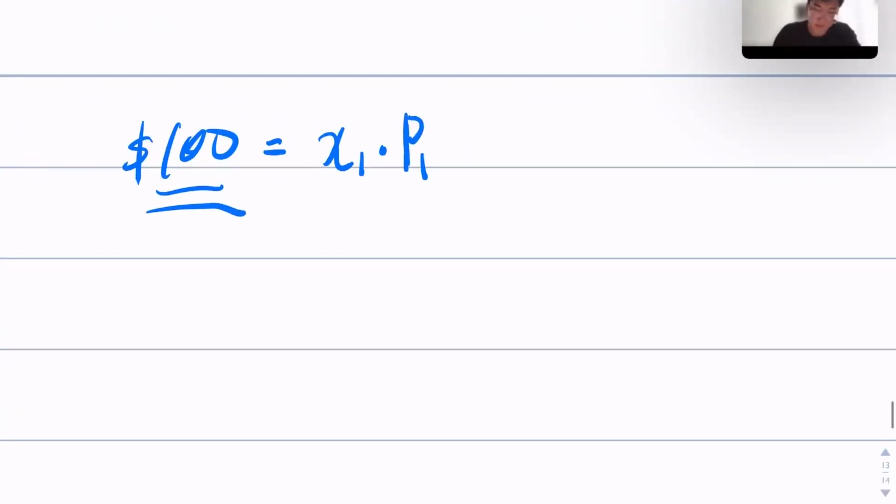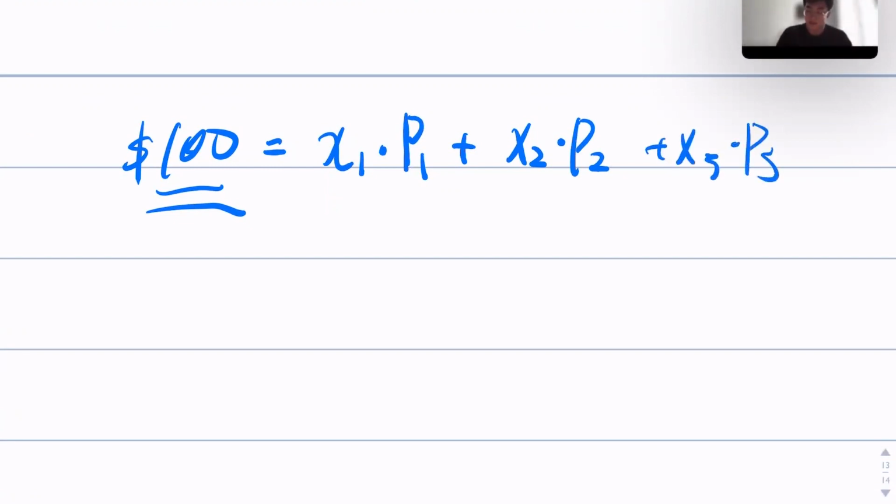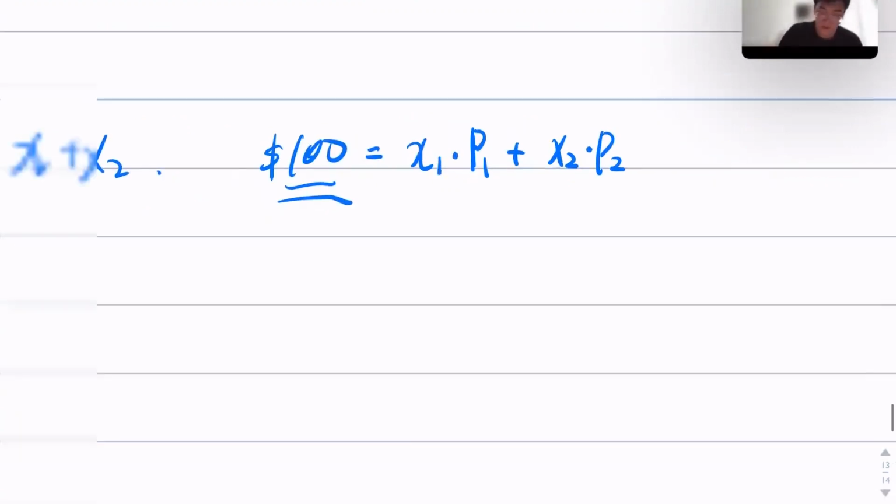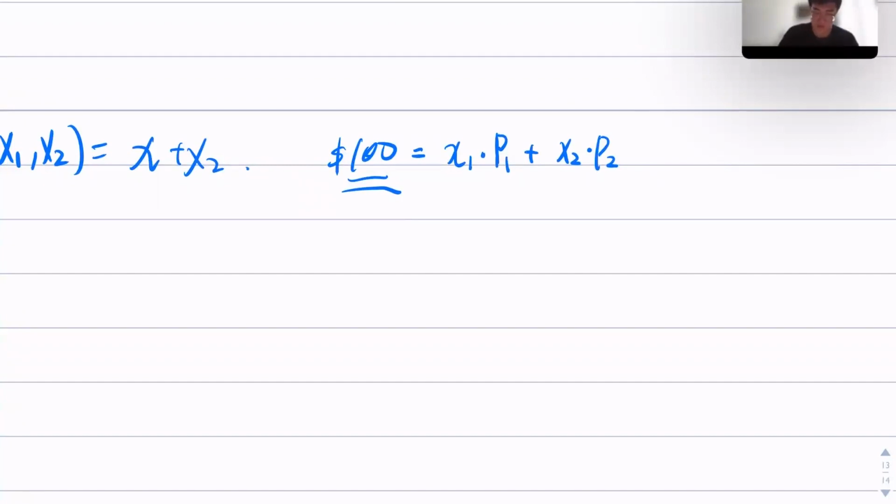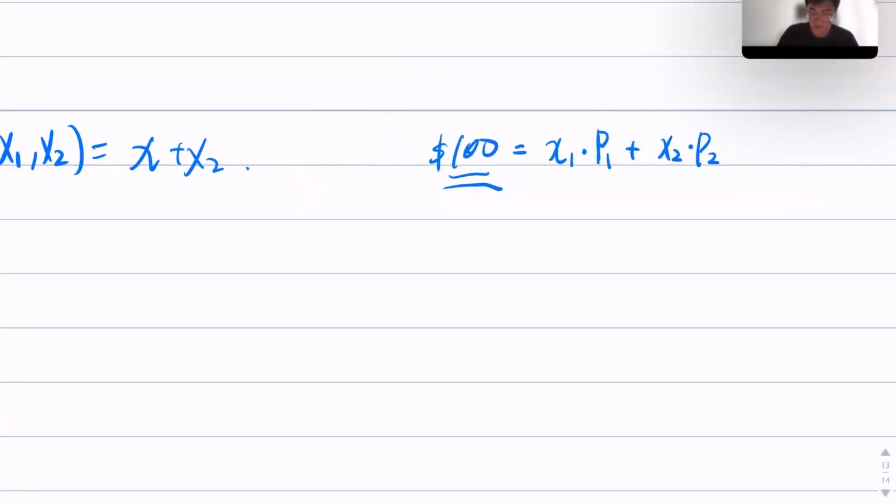Since we have two goods here, x1 times p1 plus x2 times p2. If we have multiple goods, we just plug them in, like x3 times p3, and this is going to be our budget constraint. Since we only have $100, our budget constraint is this. And now we have the function that we're trying to maximize.